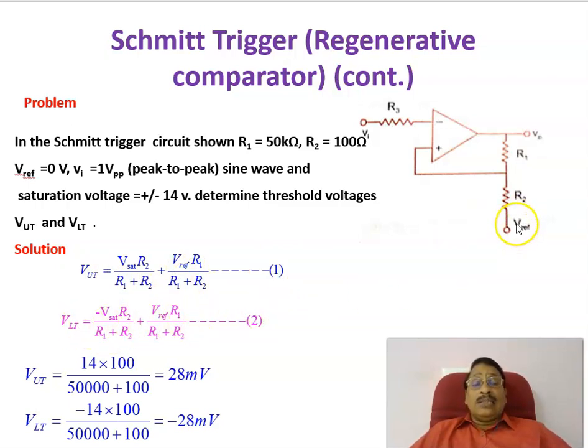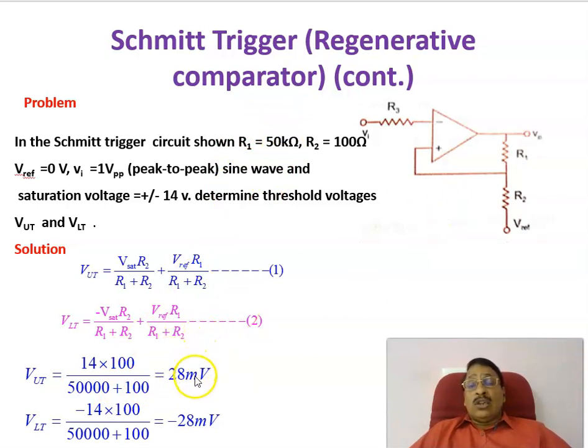And if you consider that this reference voltage is ground, or 0 voltage, then we derived that the upper threshold voltage is equal to minus of the lower threshold voltage, which is equal to Vsat into R2 divided by R1 plus R2. Therefore, with Vsat given as plus 14, into R2 100 ohm divided by 50 kilo ohm plus 100 ohm, we get 28 millivolt.